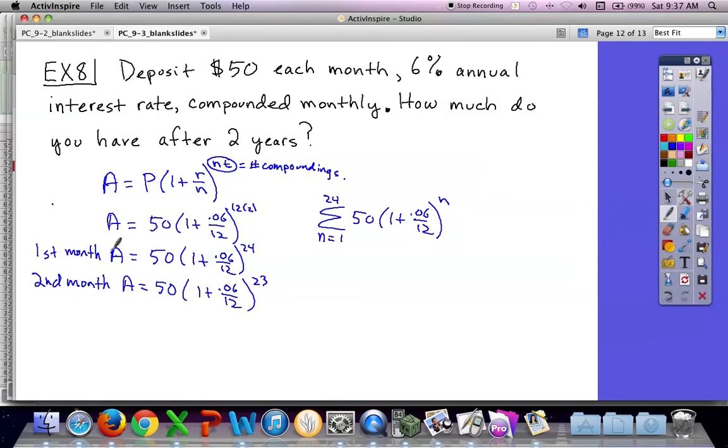Okay, so now I can write this as n equals 1 to 24, and let me simplify. 1 plus 0.06 over 12, I'm doing this in the calculator, is 1.005.